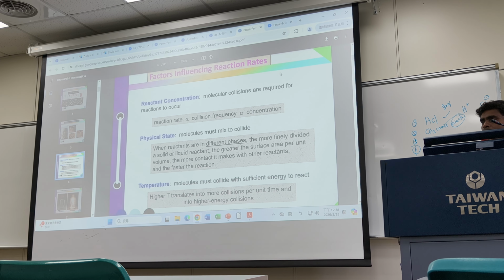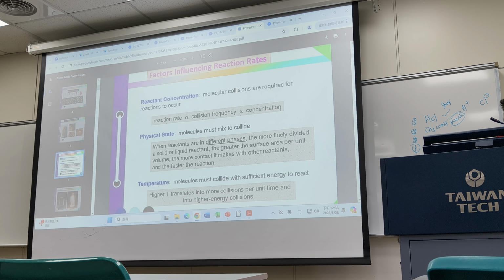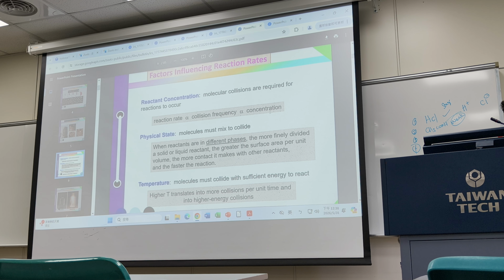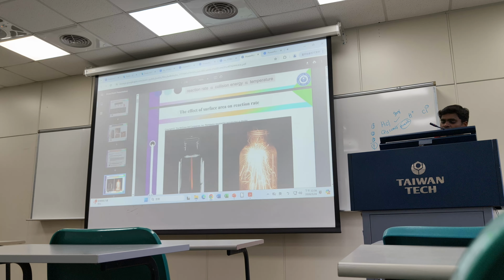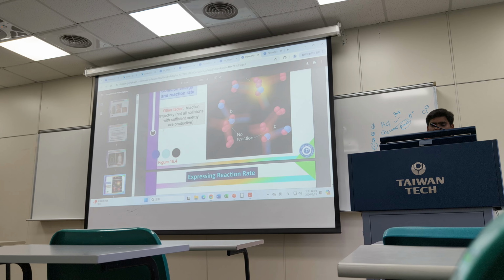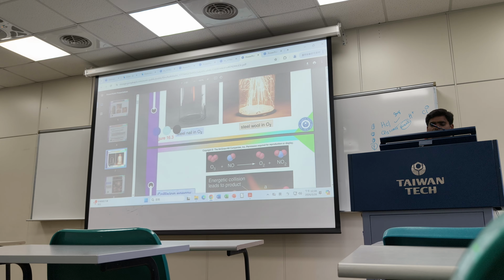You have to explain this one. If you write something, for example, the collision frequency and the concentration, and if you draw something, that will be better than writing. So if you make even this, it will definitely influence your chemistry. And one more thing is the collision theory.